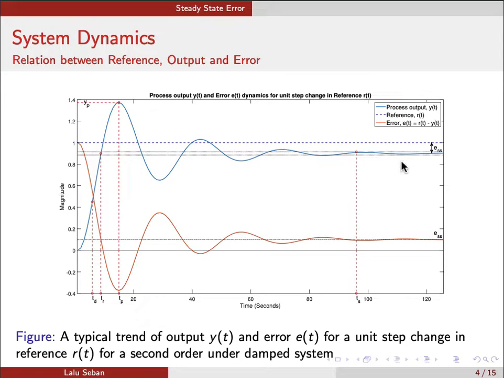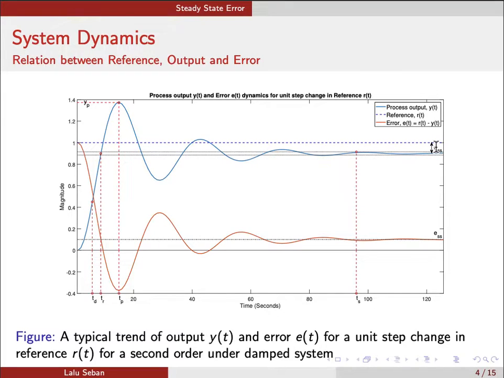At the end, it is settling at around 0.9. So after a long period of time, it is settling to a value of 0.9, which is not equal to the reference.